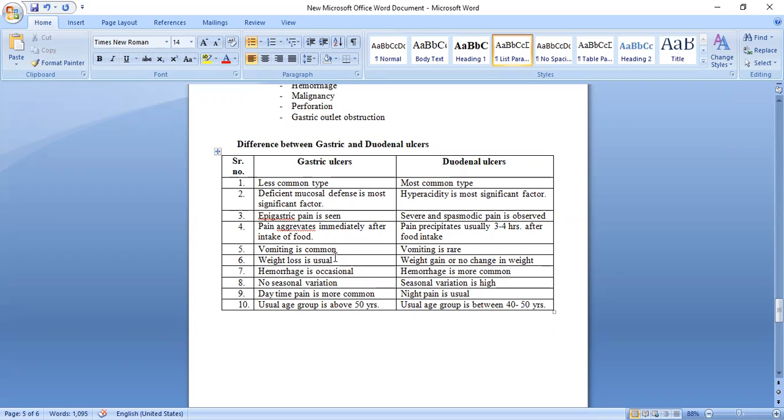Vomiting is common in gastric ulcer because when we have food, due to the presence of food, there is pain. In duodenal ulcer, vomiting has only rare chances.